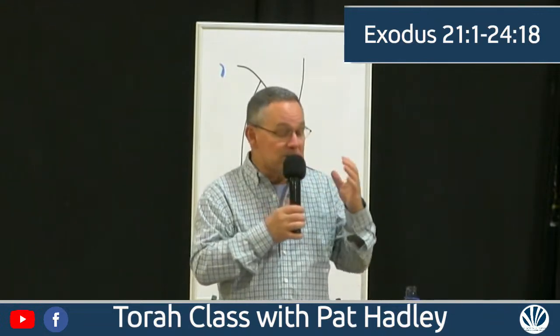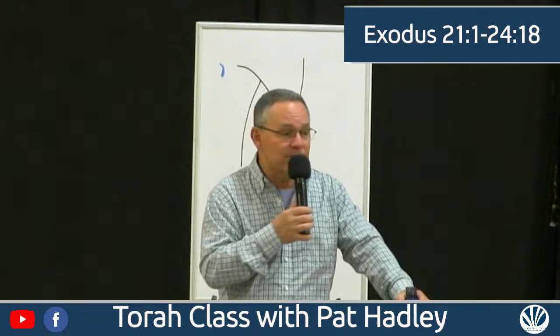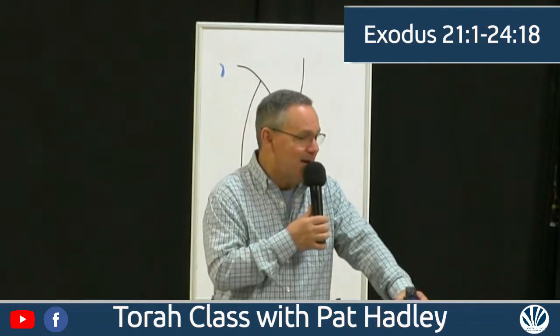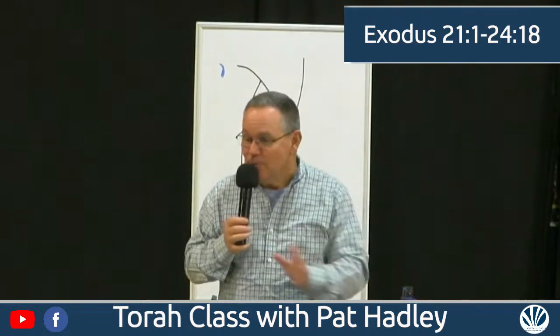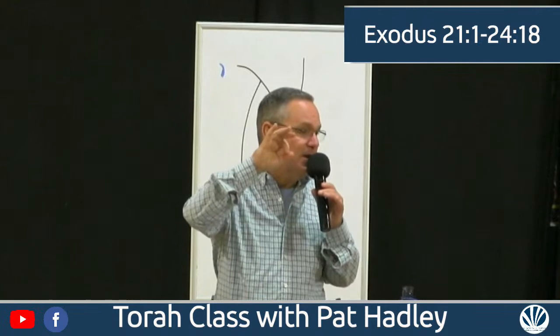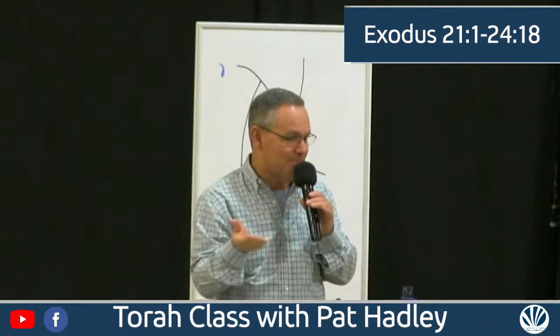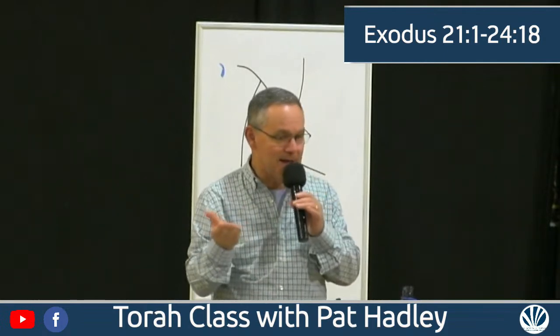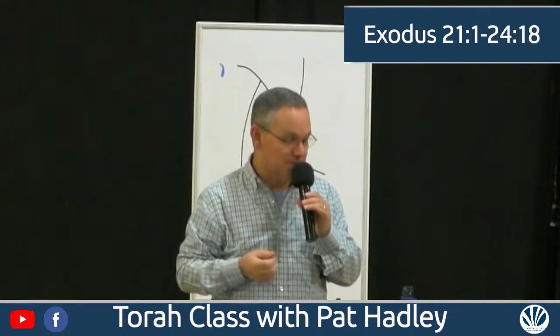Now, this is not a call to bring your firstborn in that they might be offered in the fire. Okay? Remember when we read about this redemption of the firstborn and that it was going to be an amount of money? And the amount of money ended up, in today's money, ends up being about $40.